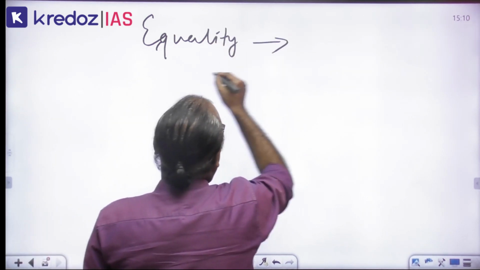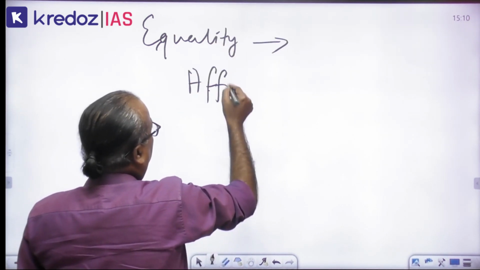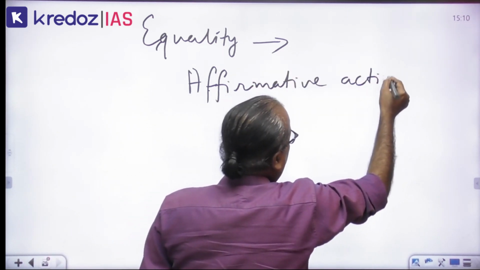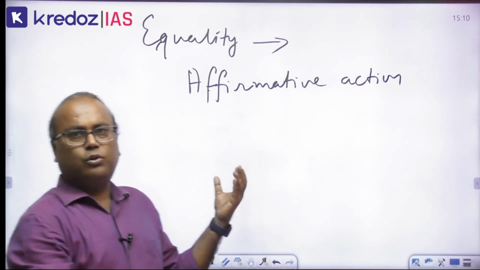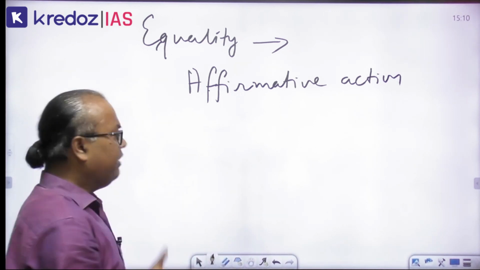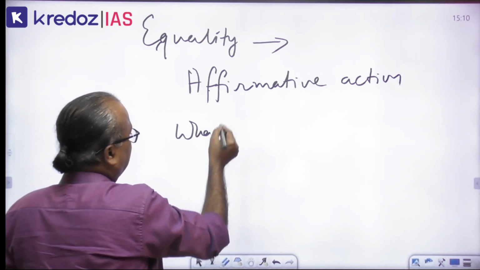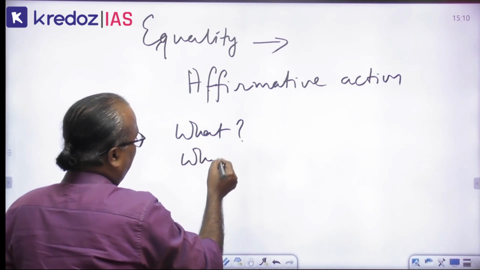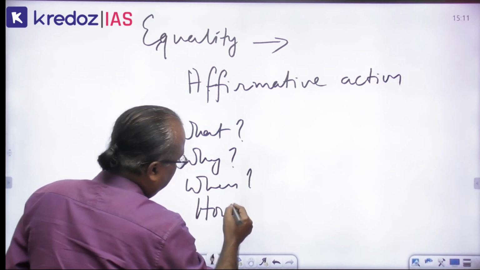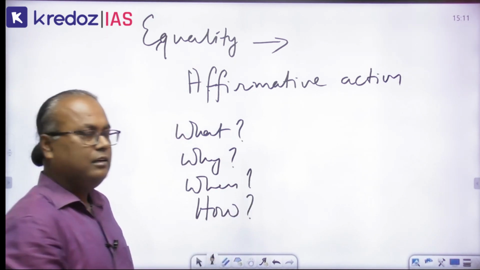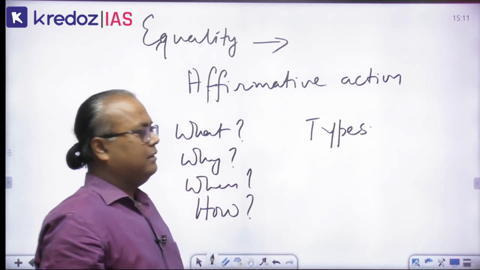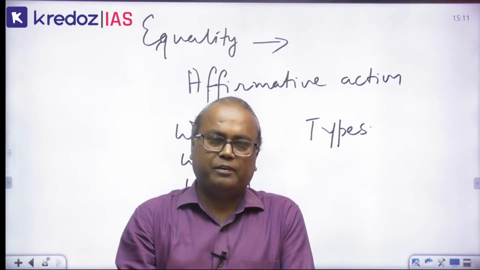As far as affirmative action is concerned, what, why, when and how. You have to understand this. Then what are the different sorts of affirmative action? So different types of affirmative action.